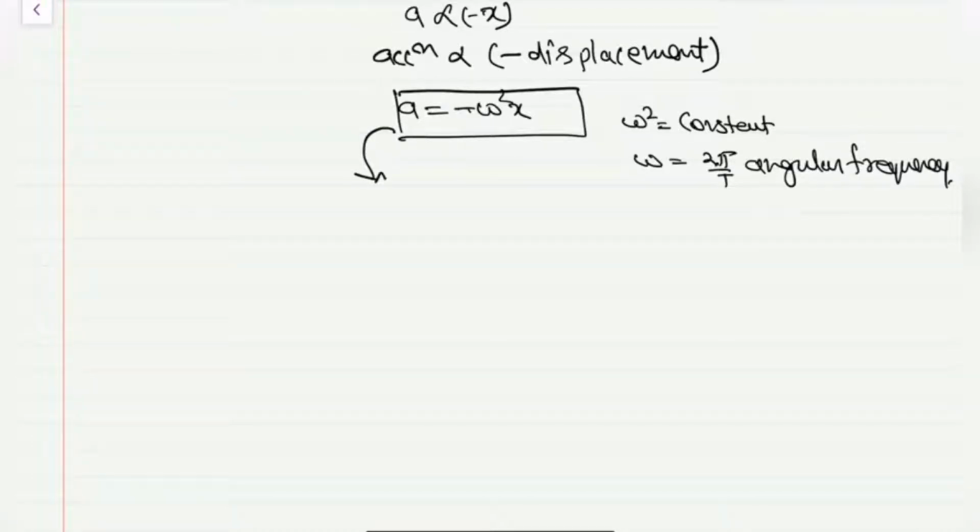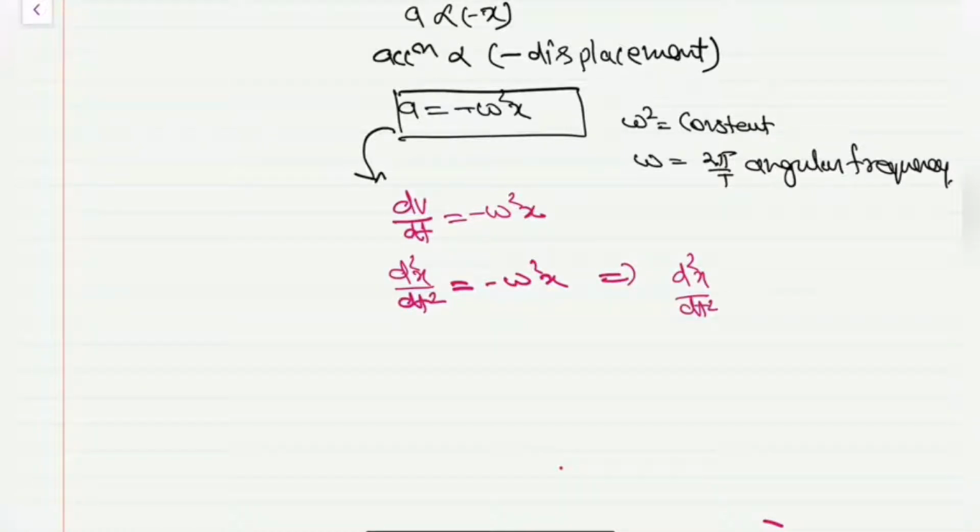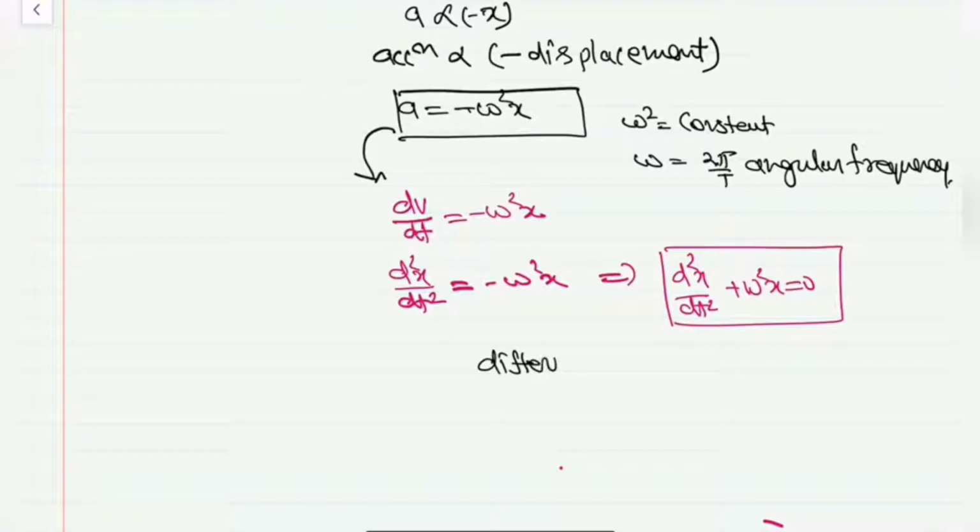Acceleration can be written as dv upon dt equal to minus omega square x, and dv upon dt can again be written as the double derivative of displacement, minus omega square into x. So it can be written as d square x upon dt square plus omega square x is equal to 0. This is the differential equation of SHM. Remember this, differential equation of SHM.